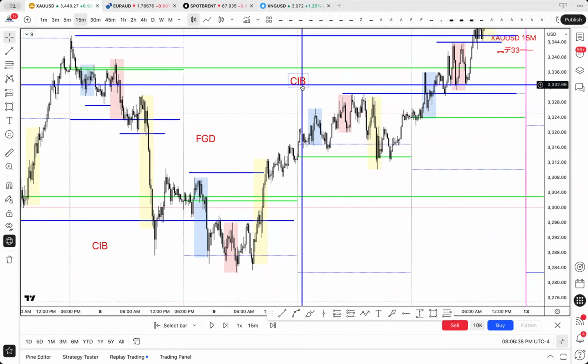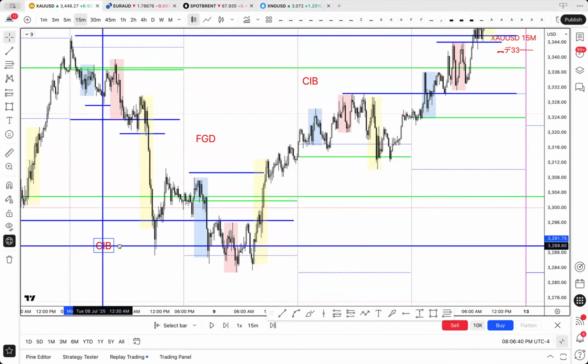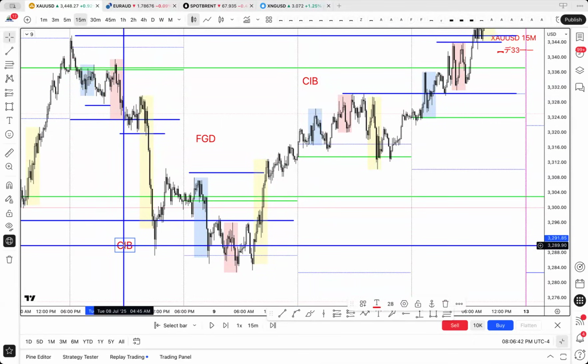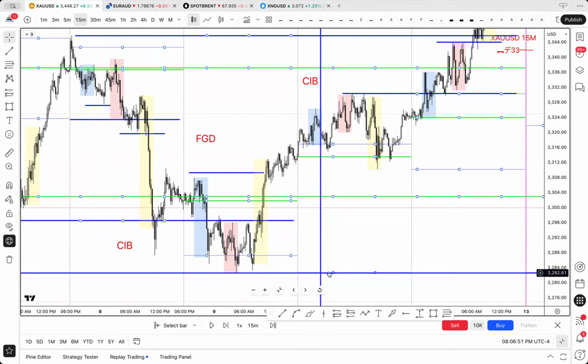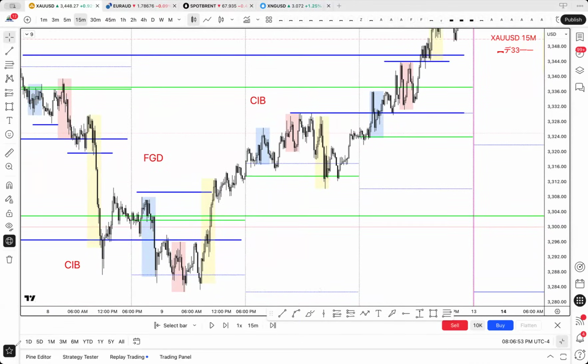The regular 100 pip box is a $10 box. Your 1,000 pip box is a $100 box. So each quarter level is 250 pips. From 0 to 0, that's 1,000 pips. This is the zeros on the 1,000 pip box.